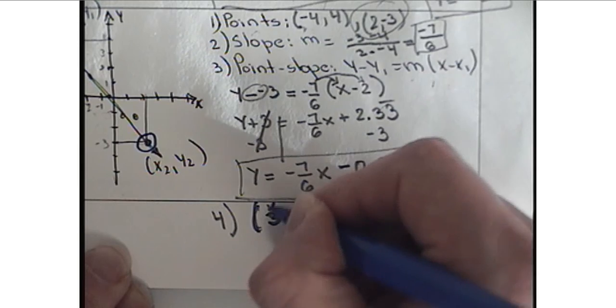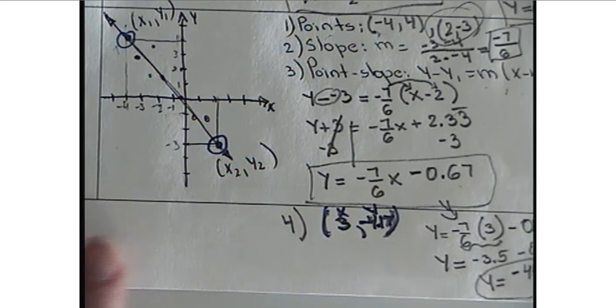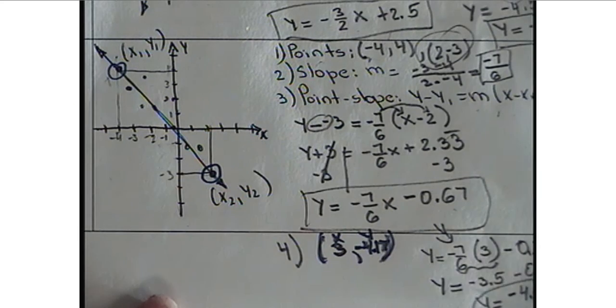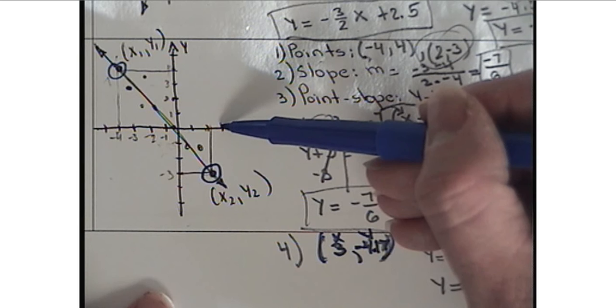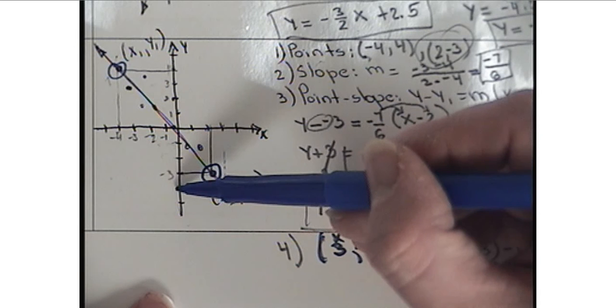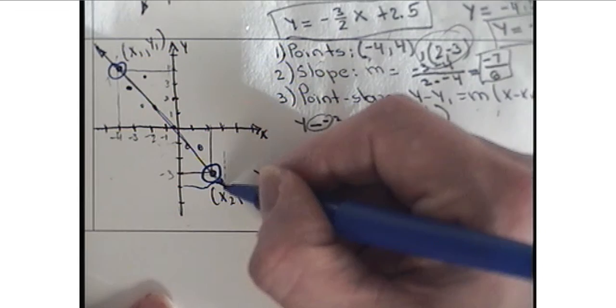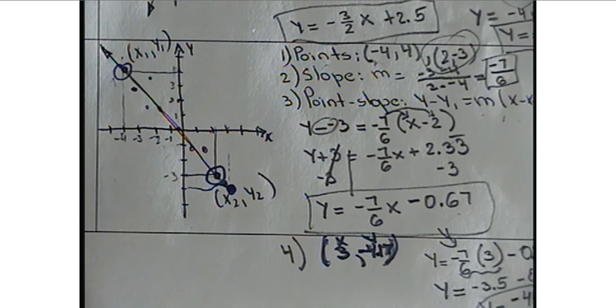Those are x and y, the prediction coordinates of the next point. So if we just keep going through the line, we may have positive 3 over here and negative 4.17. So my next point will be somewhere here, and that will be the location of the point.